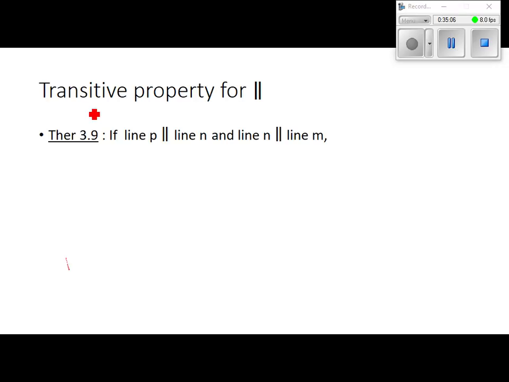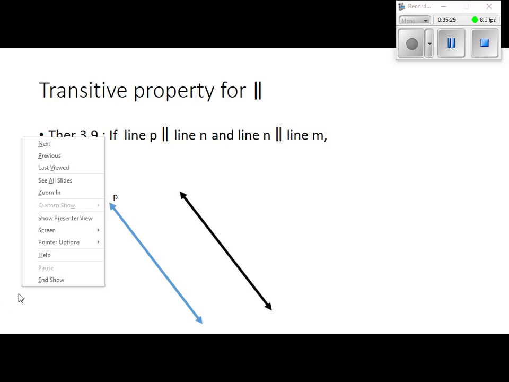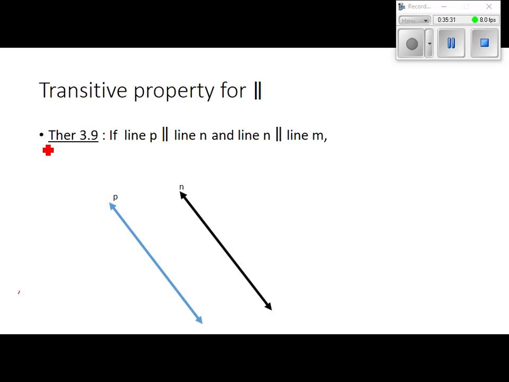Alright, transitive property of parallel. If line P is parallel to line N, and line N is parallel to line M. So I have line P. What do we know about line P? Parallel to line N. So we know that these two lines are parallel.